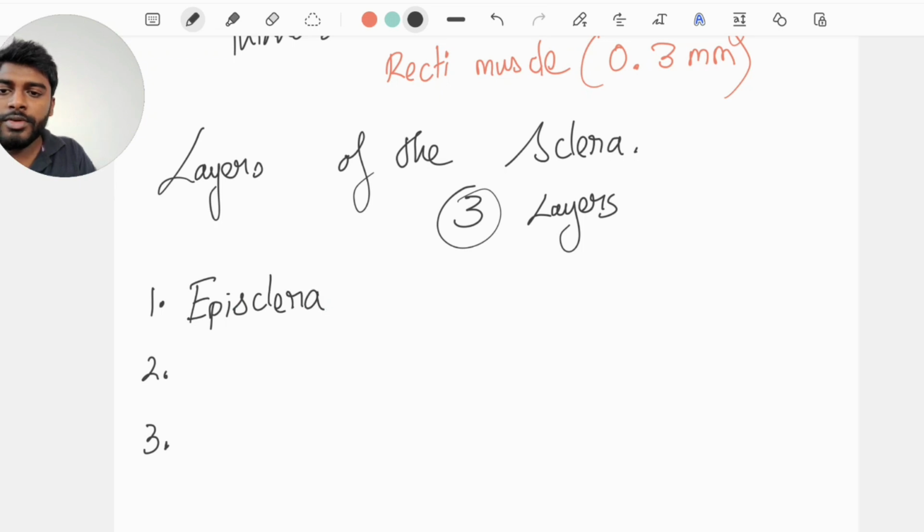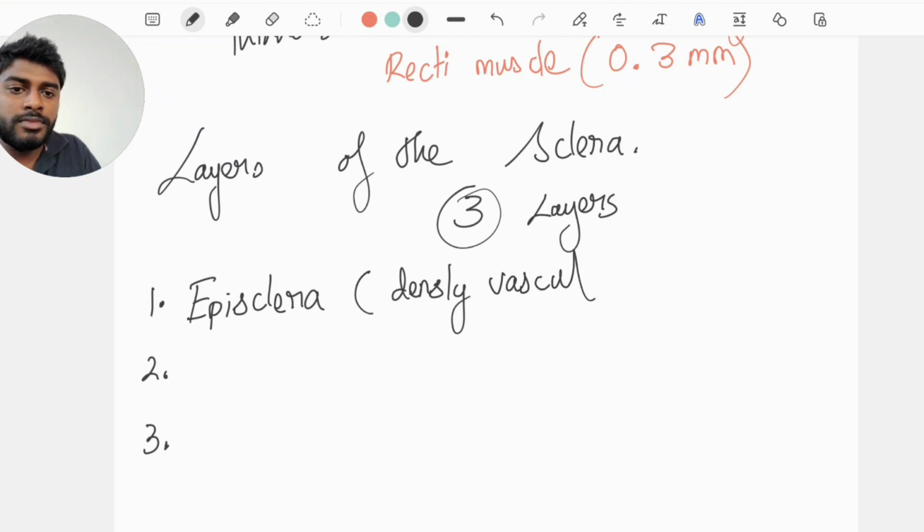We learned that the word epi means the outermost layer. So in the sclera, the episclera is the outermost layer and it is densely vascular. So it has the superficial blood vessels and the deep blood vessels.